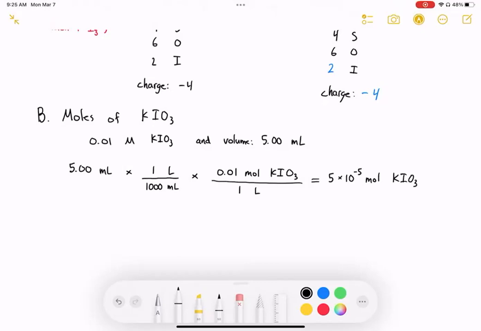Okay, so that's our mole. So let's keep our units. Actually, that should be correct, around 6 sig figs there. Okay, so that's how many moles of KIO3 in solution. So in each titration, we have this amount of KIO3. So that's our amount of moles there. Okay, so taking that number now.